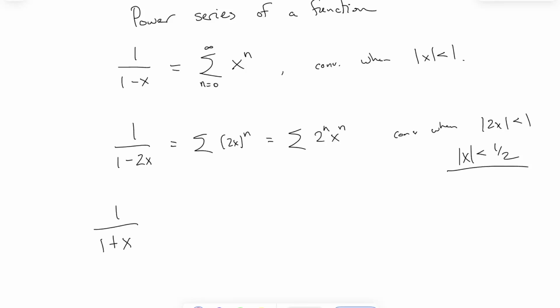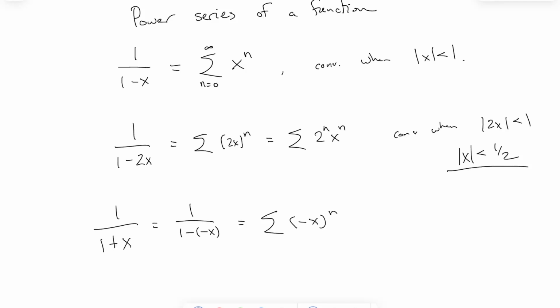Based on this one here works when it's a minus. What if I want it to be a plus? Yeah, you could think of this as the same as this with a negative x plugged in instead of x. And then I plug that into the one up top using minus x instead of x. So this will be the sum of (minus x) to the n.